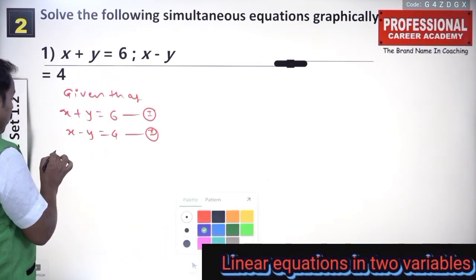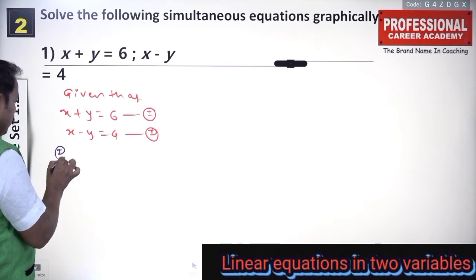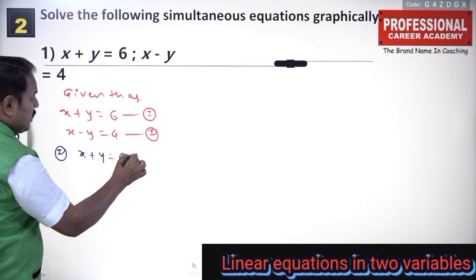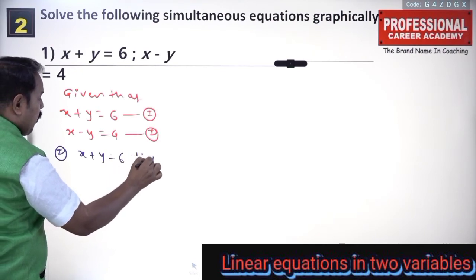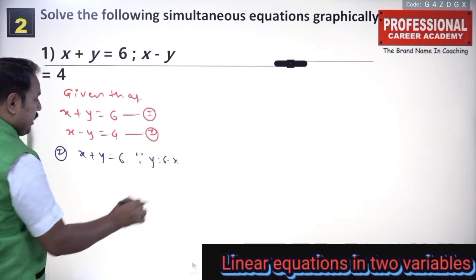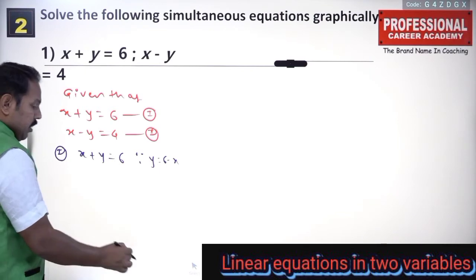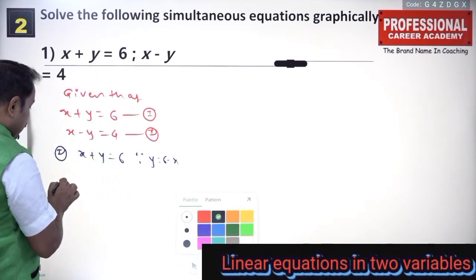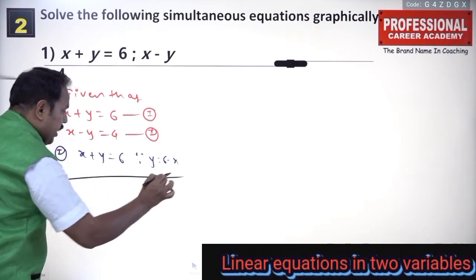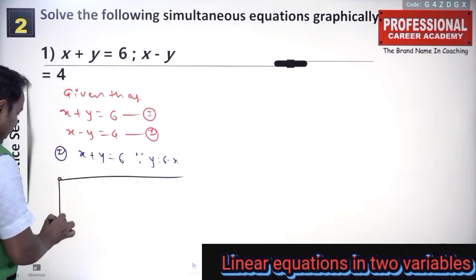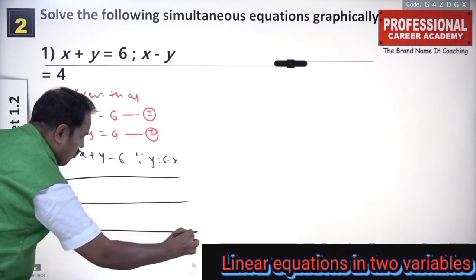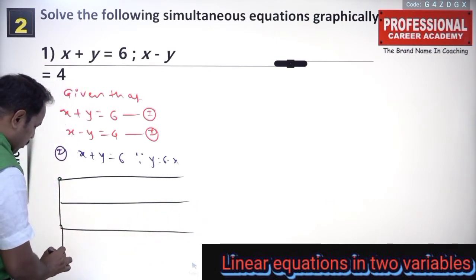Okay. So, look at this. Number 1, x plus y is equal to 6. It means that y is equal to 6 minus x. So, draw the table first to find the coordinates.